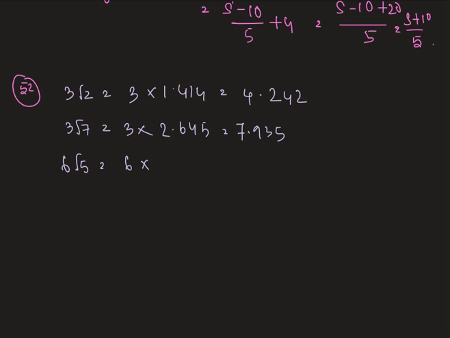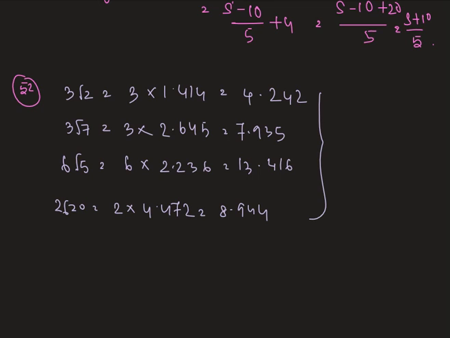That means 6 into 2.236, which results in 13.416. And lastly, we have 2 root 20. That means 2 into 4.472, which results in 8.944.